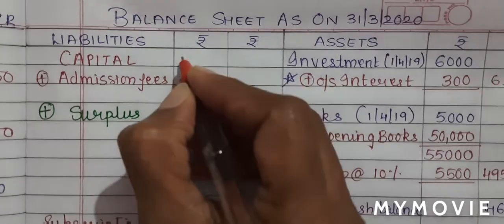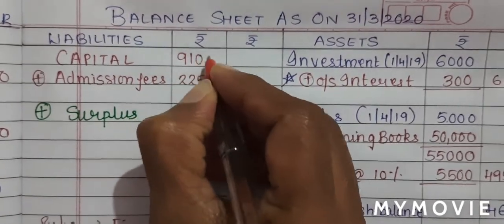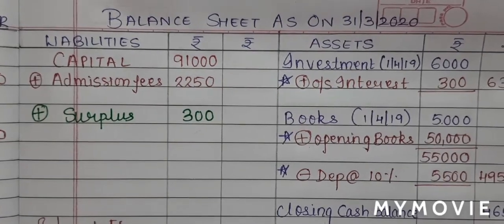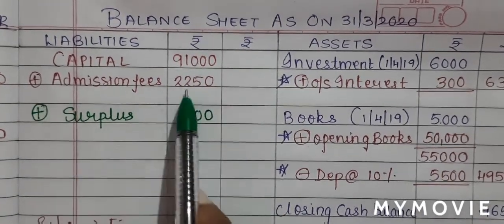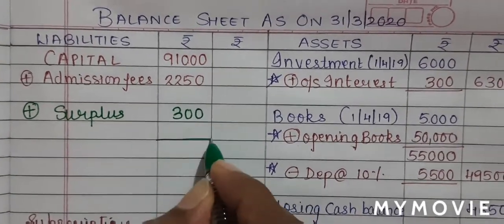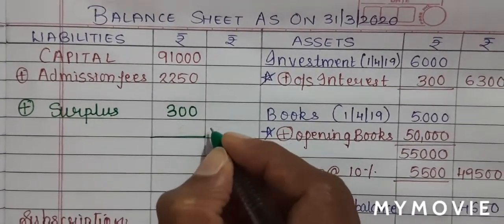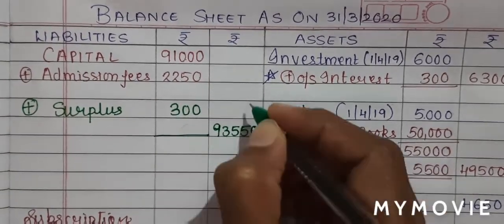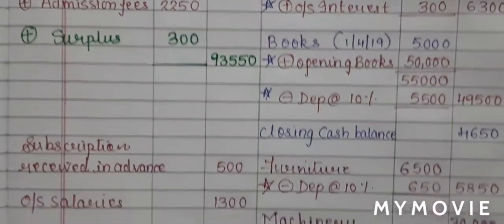So now students, I can write the capital amount here, 91,000, and with this I can total 91,000 plus 2,250 plus 300. I get a total of 93,550. I will now total the liability side.